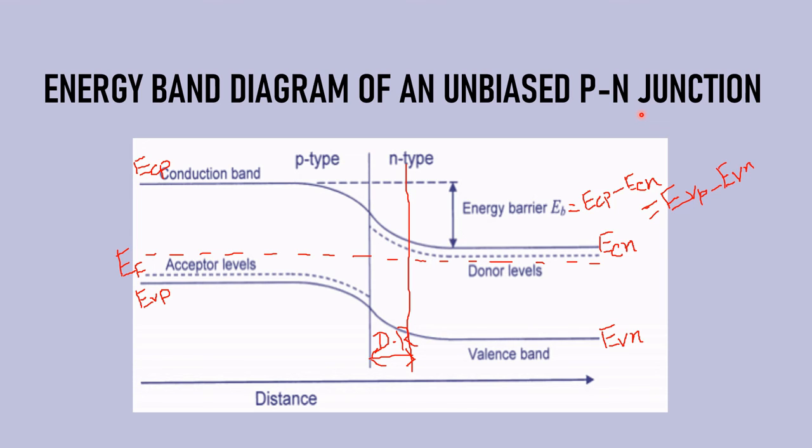Unbiased means no bias is applied externally. When no bias is applied externally, the energy band diagram of a PN junction looks like this figure. I think you understand this topic. Here we end today's session. Thank you.